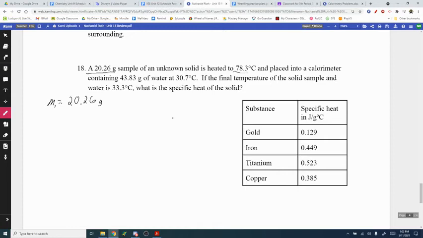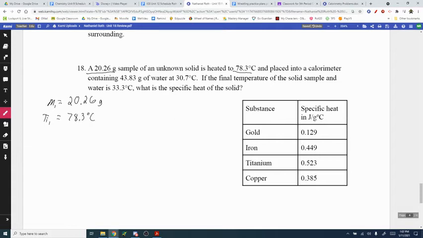It's heated to 78.3 degrees Celsius. So that is going to be our initial temperature, Ti of 1.